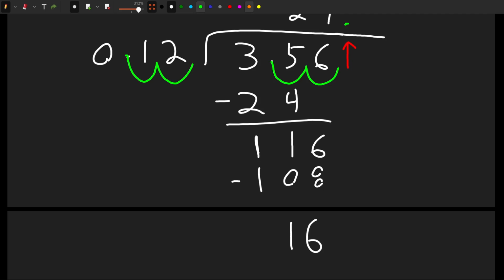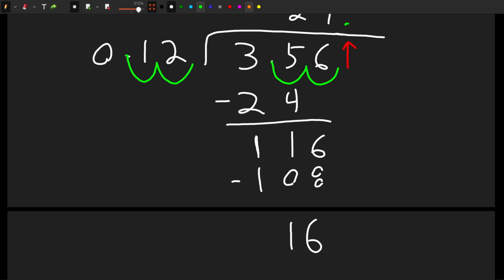Now, when we divide decimals, we have to keep going until this number at the very bottom disappears, the 16. So what we can do is we can actually add a hidden 0 here and then bring it down. Whoops, that's right. I'm sorry.